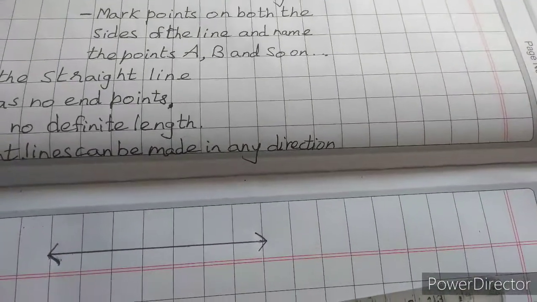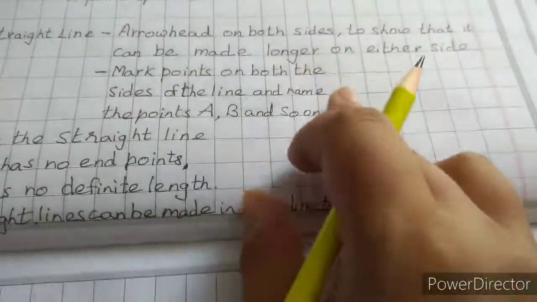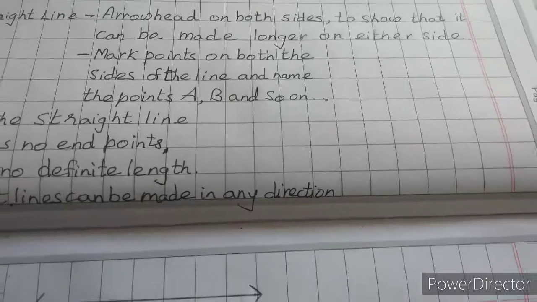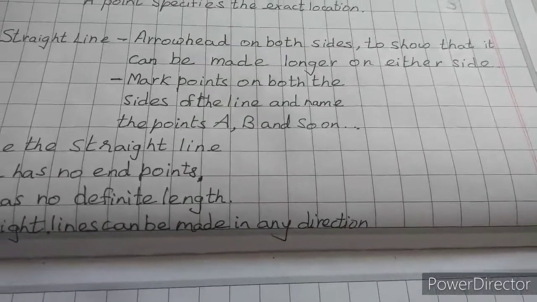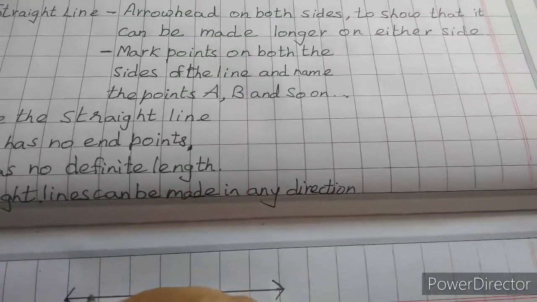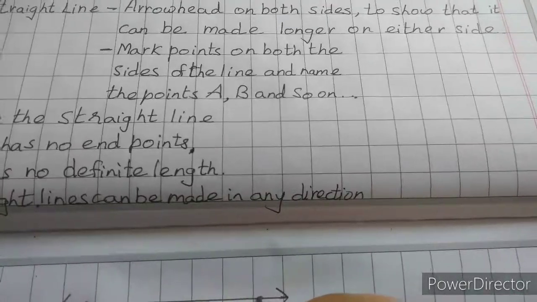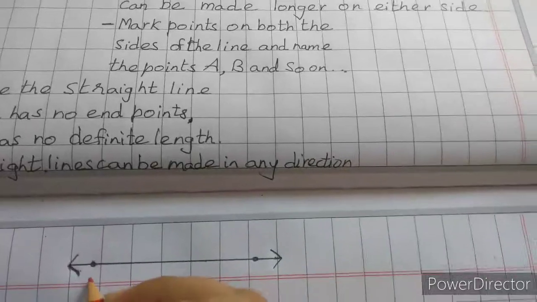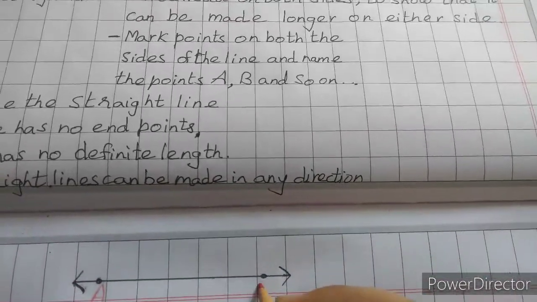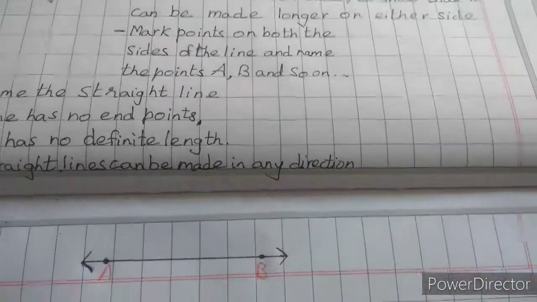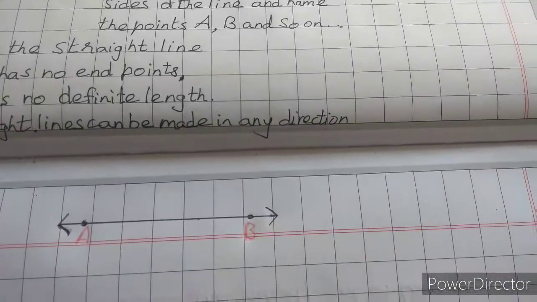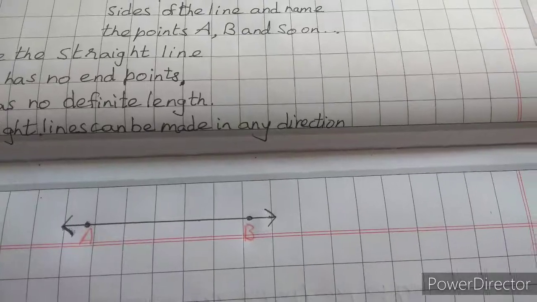And mark points on both sides of the line and name the points A, B and so on. We will mark a point here and here and name it as A, B or any other capital letter. You can name them P, Q, S, T, C, D, whatever you may like.